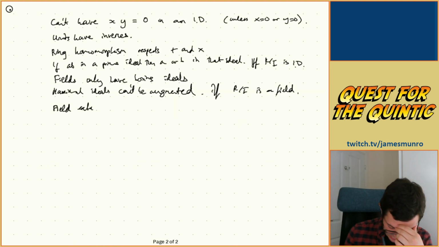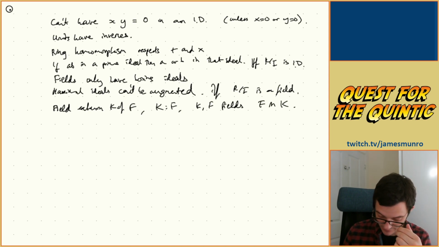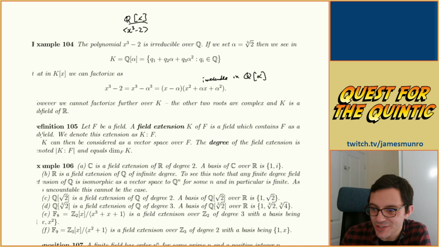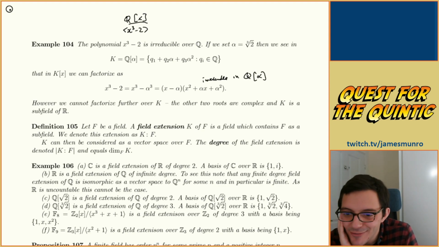Field extension K of F, K colon F. K and F are both fields, and K in F. Cool. No, the other way around. F is in K. Slightly annoyingly, when you write division or something, that big thing goes on the right, whereas here we've got the big thing on the left. Fine, okay. Degree of the field extension.